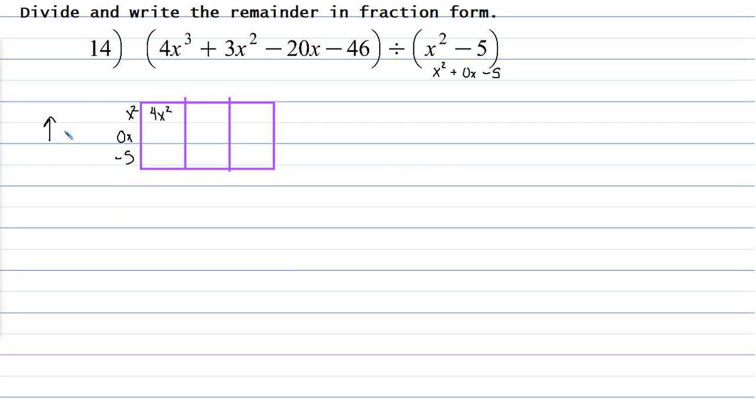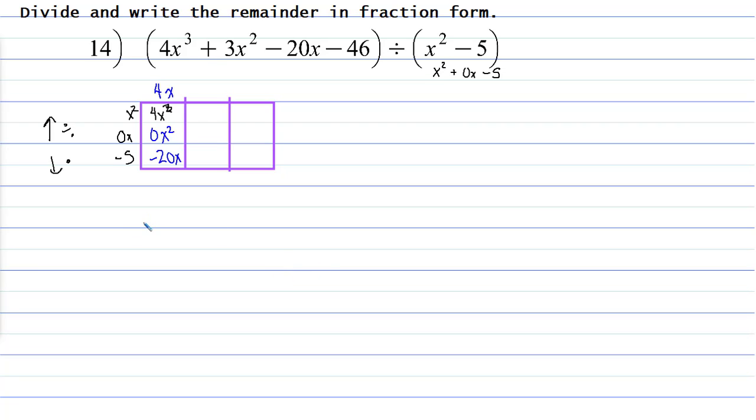Again, just like we did before, to go up, you divide. To go down, you multiply. So I divide to go up, and that gives me, oops, that's 4x cubed here. So when I divide to go up, that gives me 4x. And I multiply to go down, gives me 20x at the bottom, and a 0x squared in the middle.